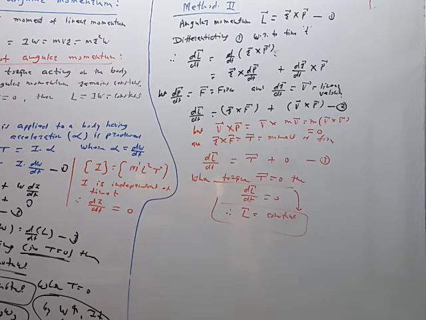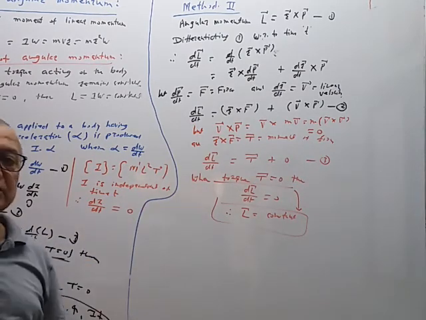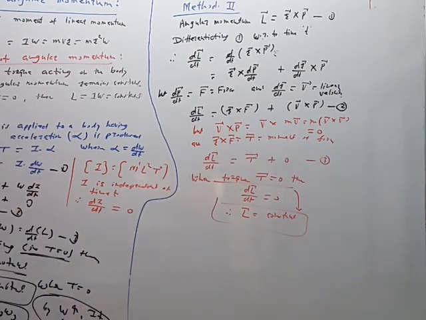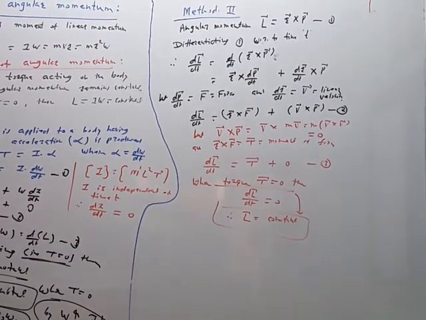Same statement when torque is given by dL by dt. Earlier we considered only magnitude; here we have considered magnitude as well as direction. So both methods give the same result. As long as no external unbalanced torque is acting on the body or system of bodies, its angular momentum remains conserved. So this is the second method to prove this.